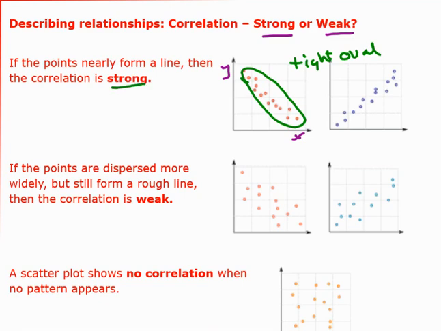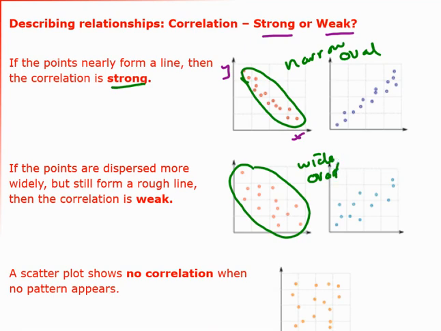Now, if we see a large oval or wide oval, maybe we want to call that narrow and wide. A narrow oval and a wide oval.